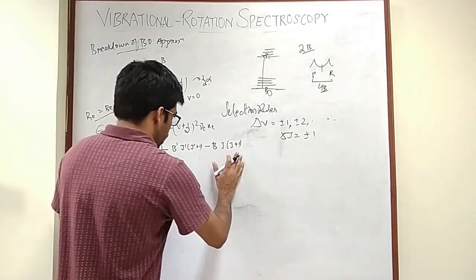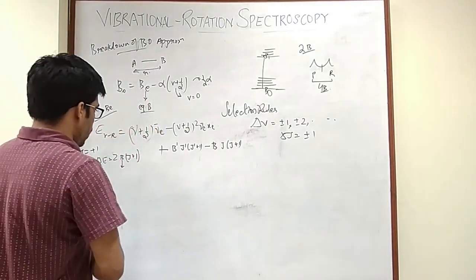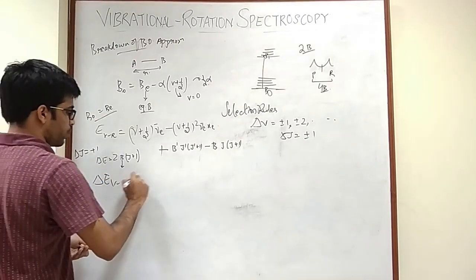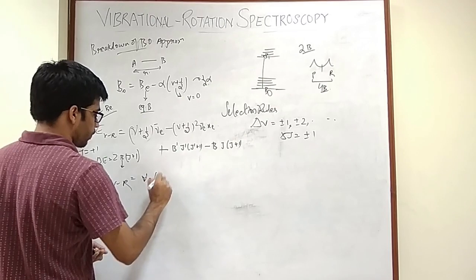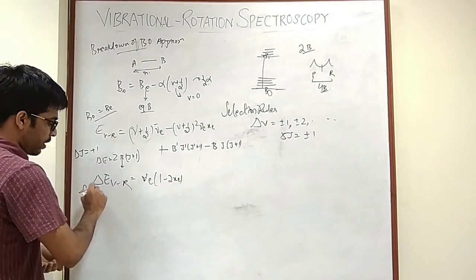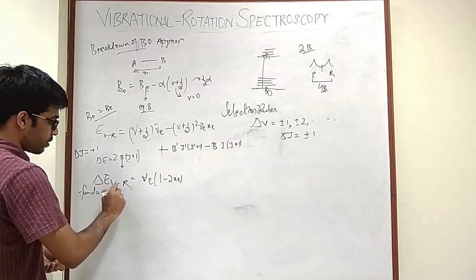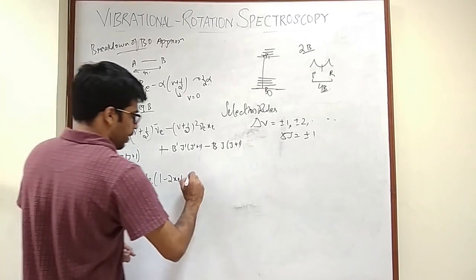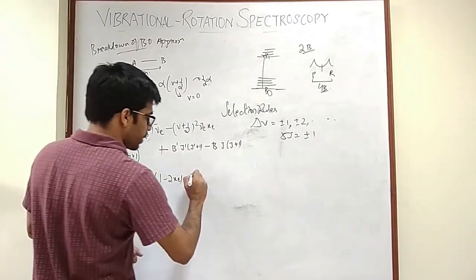Now if this is true, delta E is going to be, in this case I am considering the fundamental, that means V equals 0 to 1, and this can be rewritten as follows.